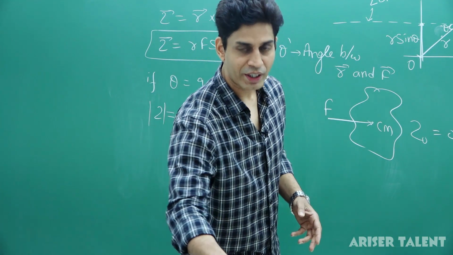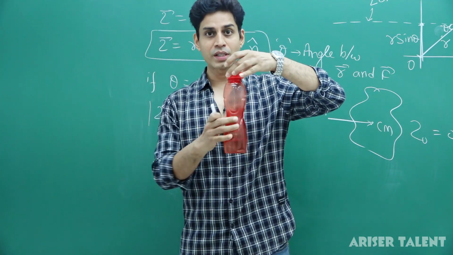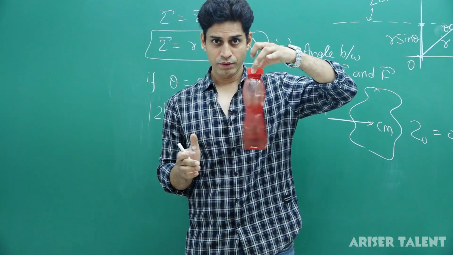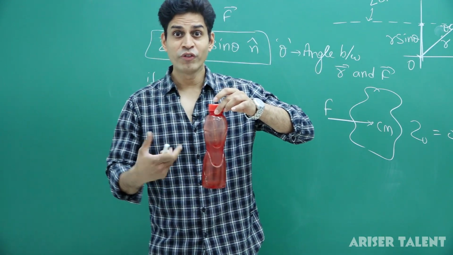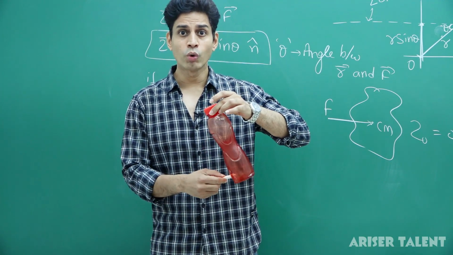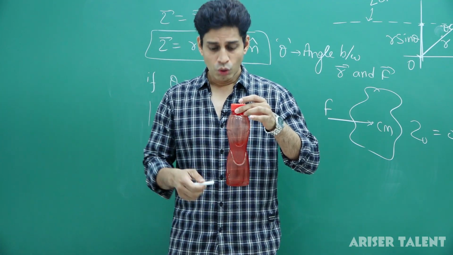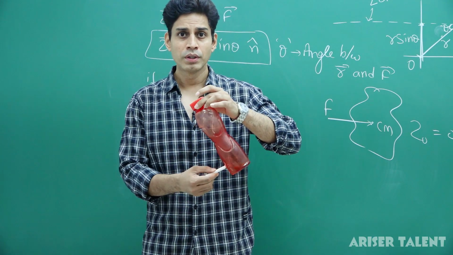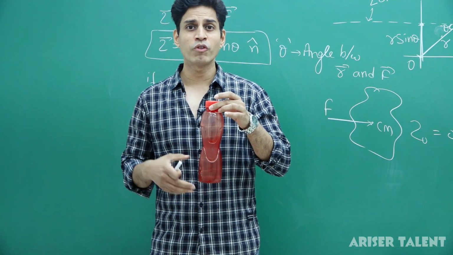For example, if I take this bottle and I am applying a force, this is the axis of rotation. If we apply a force like this, you have to feel that this force is providing tangential acceleration. Obviously, this is a tangential force, because this tangential force is the only force responsible for its rotation.